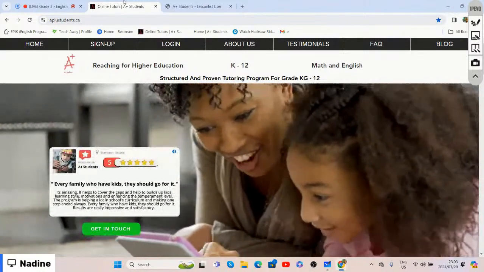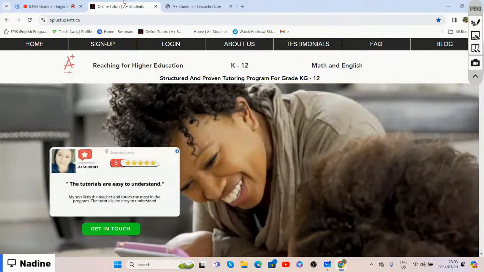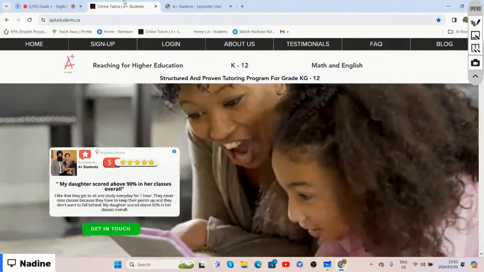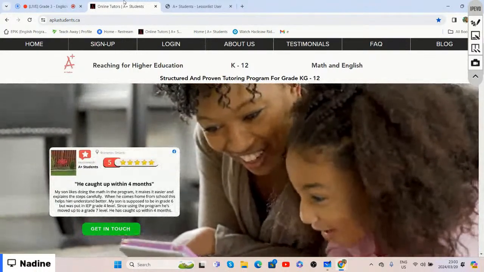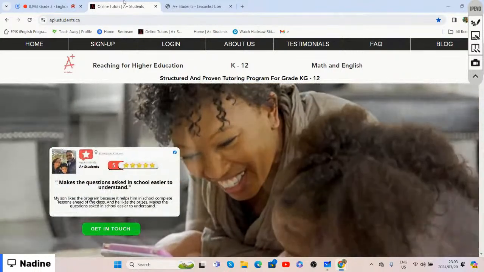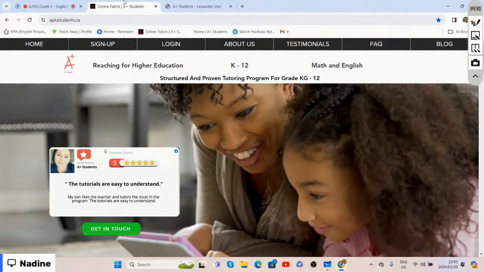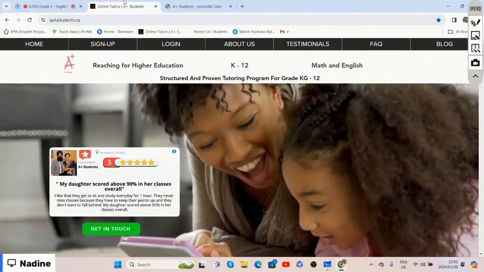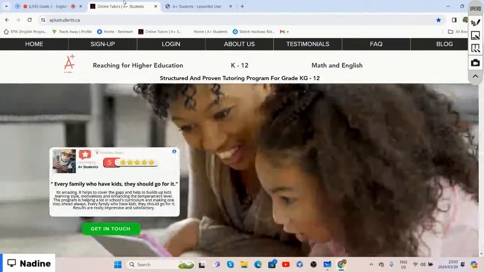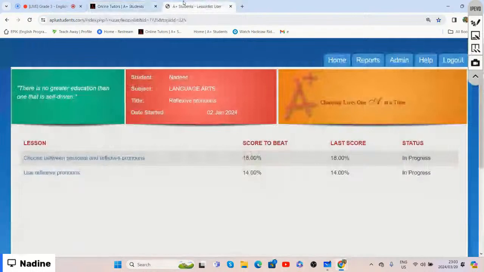Once you've logged on with your username as well as your password, you're going to select the subject of language arts, grade 3. Then scroll down until you get to the chapter on reflexive pronouns.